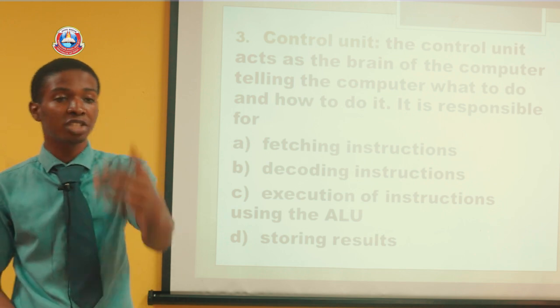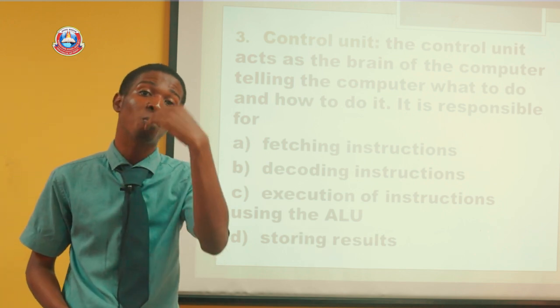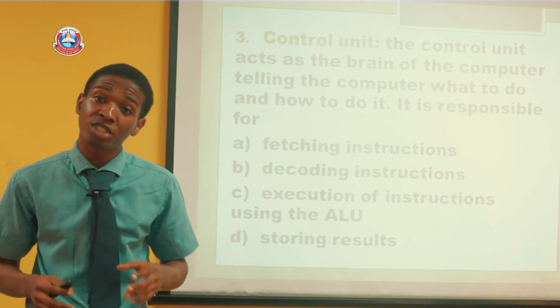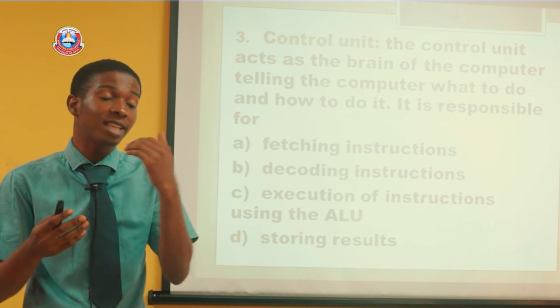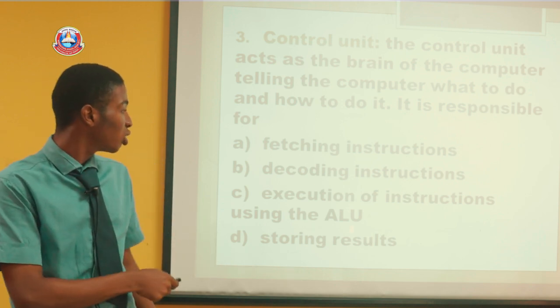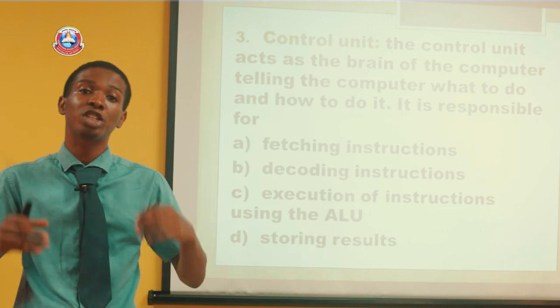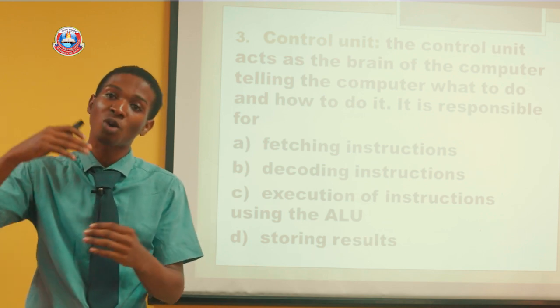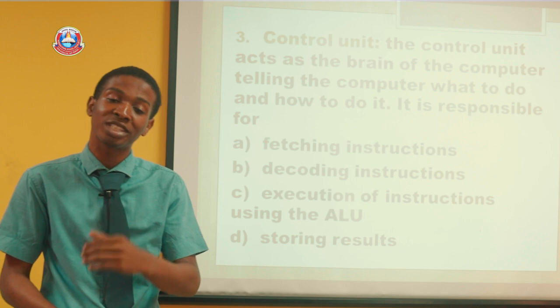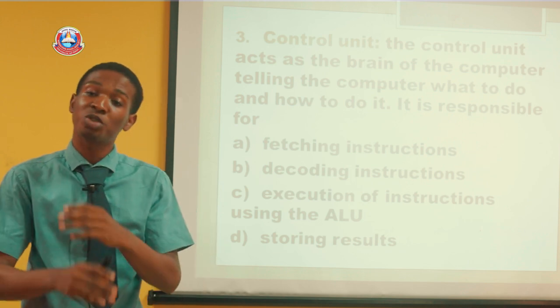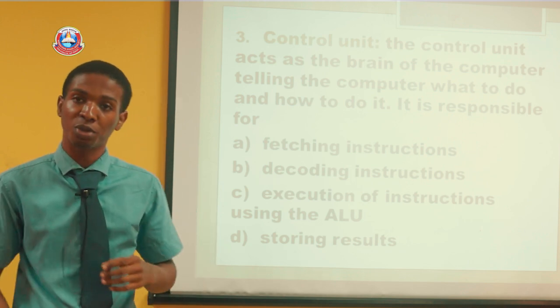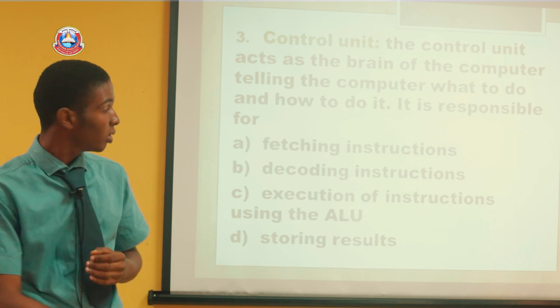Decodes it means it reads this instruction. What is this Ctrl plus P supposed to do? Then it makes a decision that it's supposed to print. Then it takes that instruction to the arithmetic logical unit that performs the instruction. So the control unit does not actually perform the instruction, but it directs other parts of the computer on what they are supposed to do. Then when it's done performing the instruction, it stores the result. That's what this control unit is.